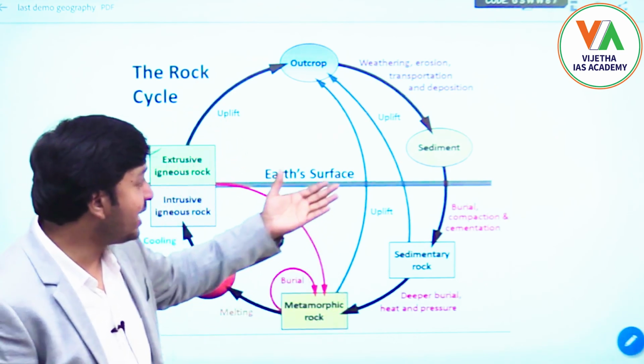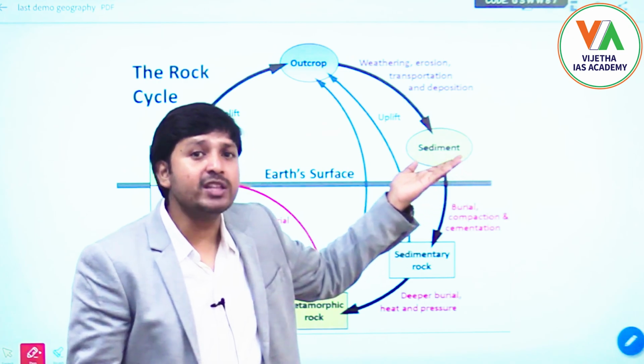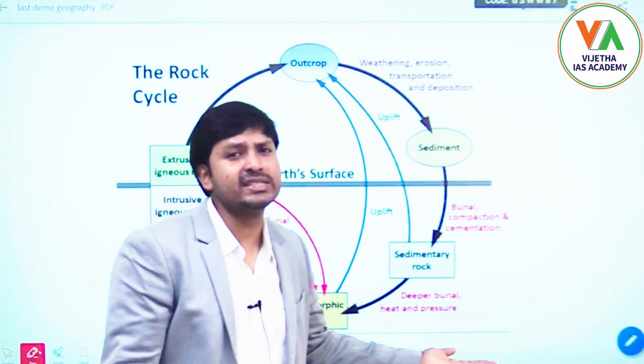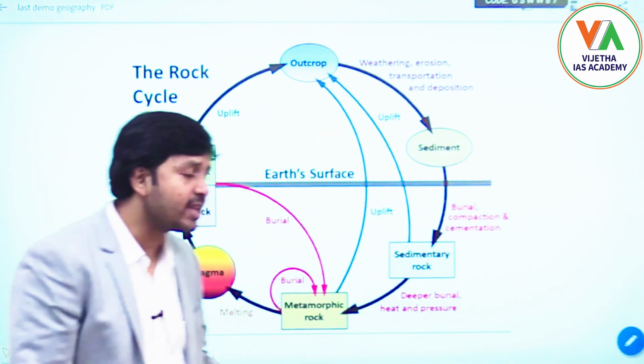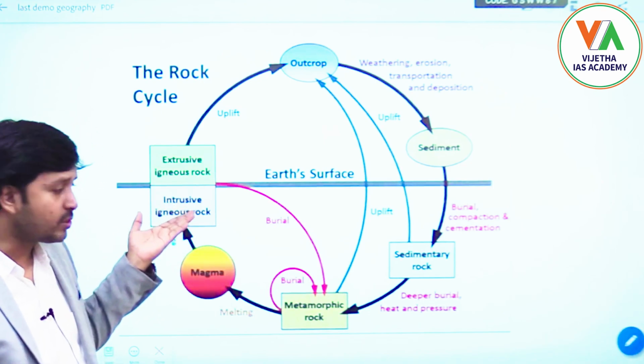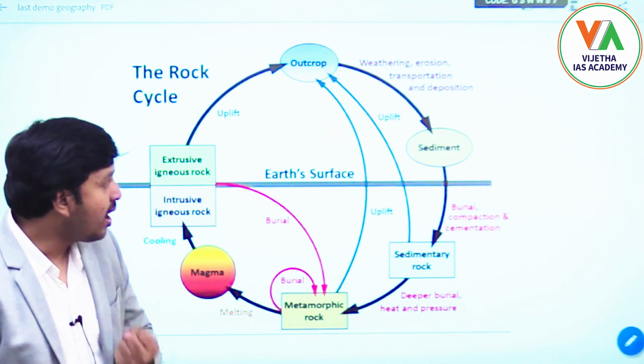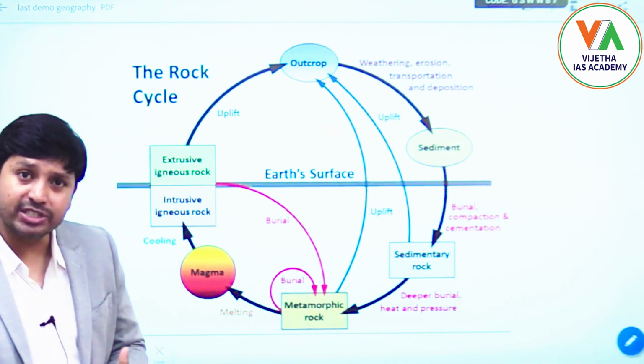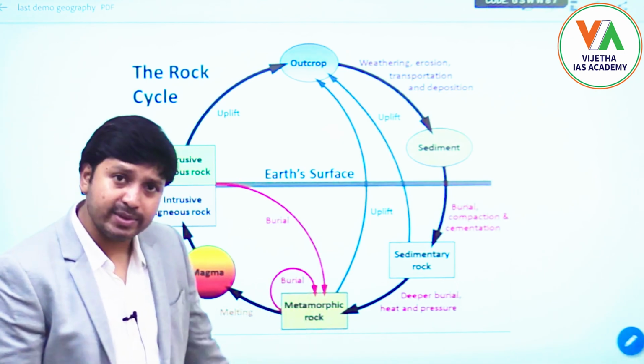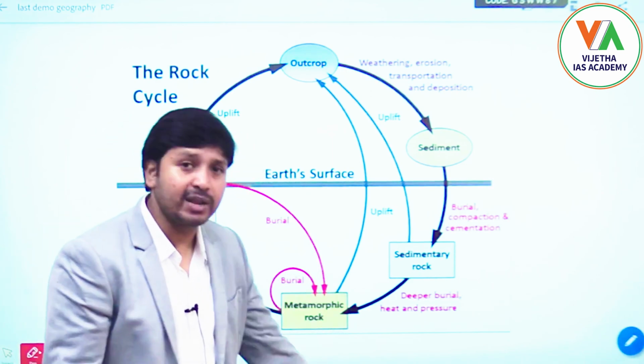And once a sedimentary rock is formed, if for some reasons it goes below the earth's surface, or even if igneous rock goes below the earth's surface, because of high temperature and pressure, a new rock system is formed, which is called metamorphic rock.